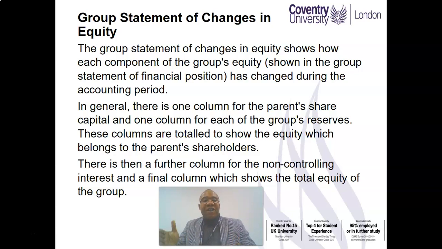These columns are then totaled to show the equity which belongs to the parent shareholders. Then we have a further column for the non-controlling interest. And after that, a final column which adds up the non-controlling interest with the previous total to show the total equity of the group. We will discuss this further and use examples to illustrate this during our seminar.